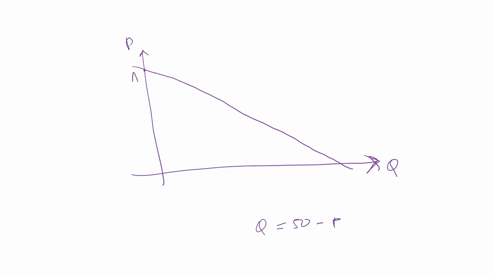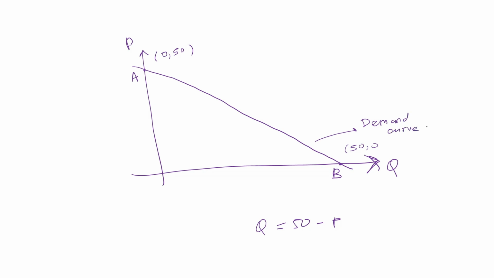Let's say I write A and B, point A and point B. When quantity is 0, price will be 50. And when price is 0, quantity will be 50. Is it clear? And this is the demand curve.